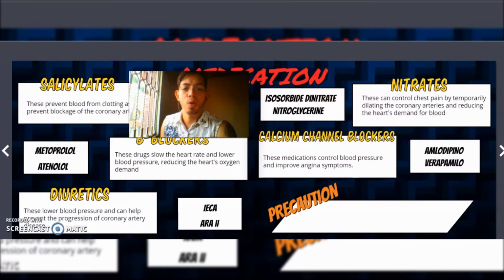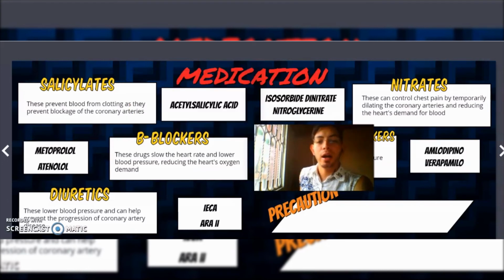We also find nitrates. These can control chest pain by temporarily dilating the coronary arteries and reducing the blood demand of the heart, such as isosorbide dinitrate and nitroglycerin.